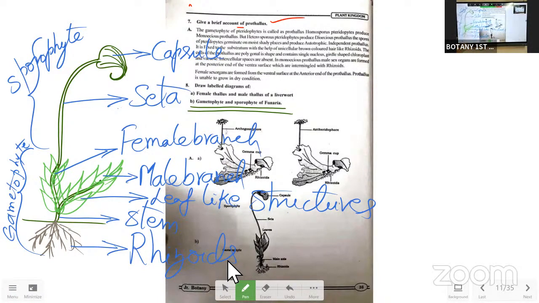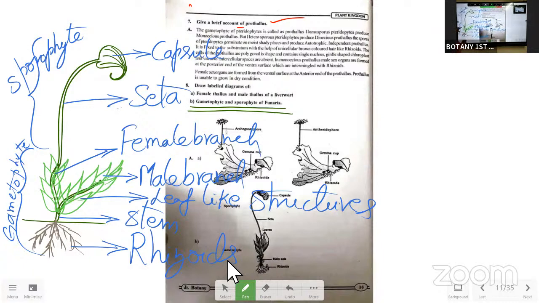Done. Finished. So we have to write all this labeling. The branch attached to the seta is called the female branch, and the other branch is called the male branch.